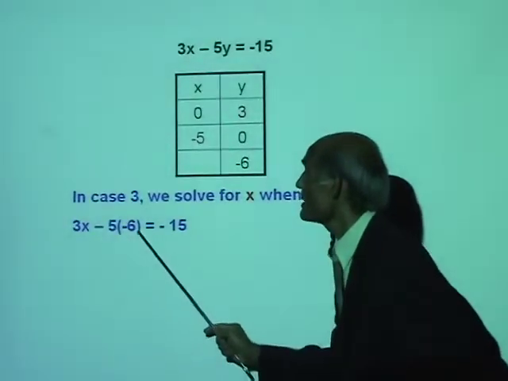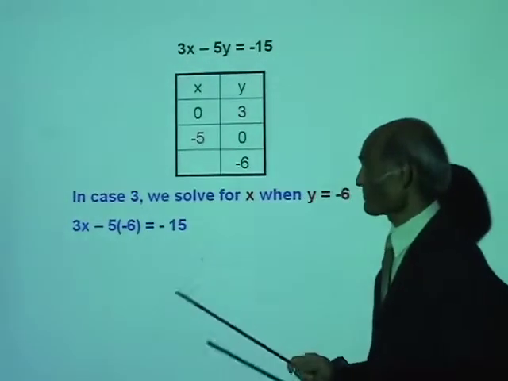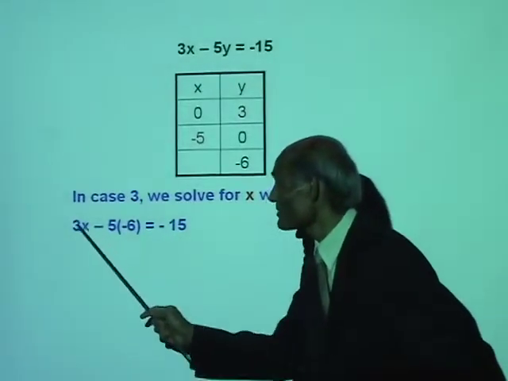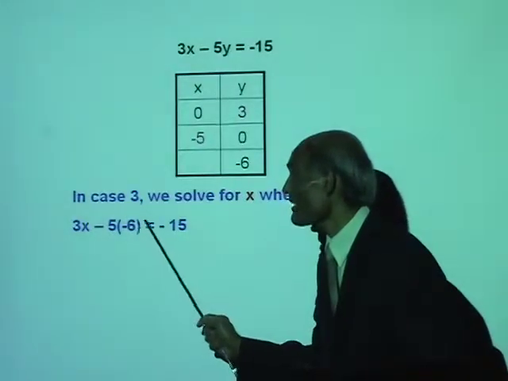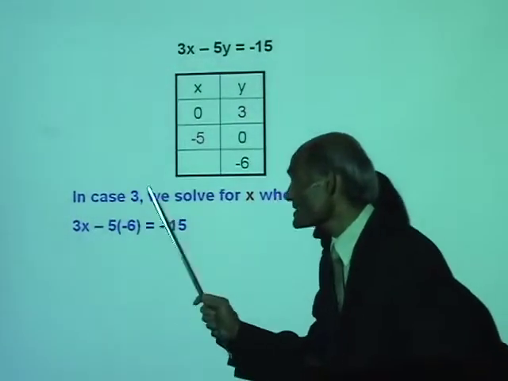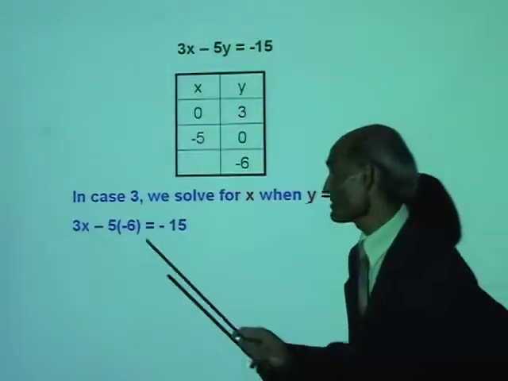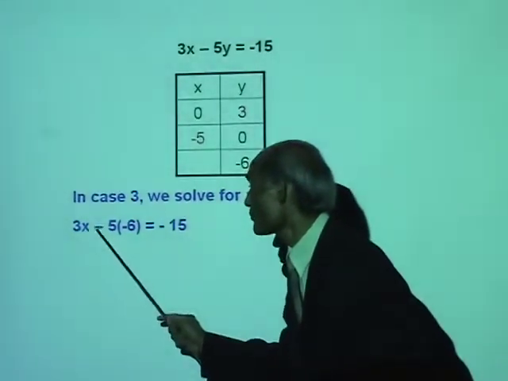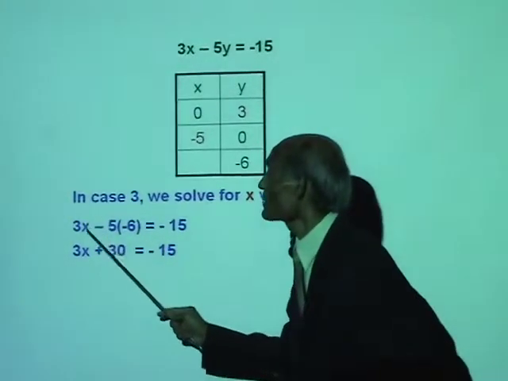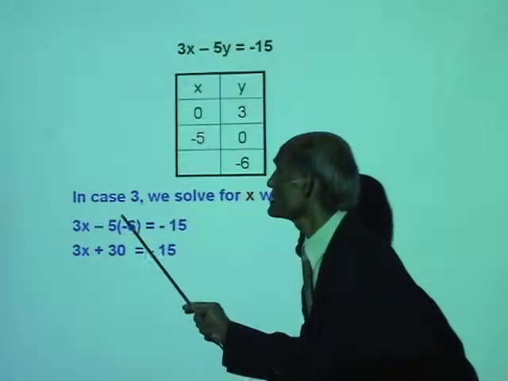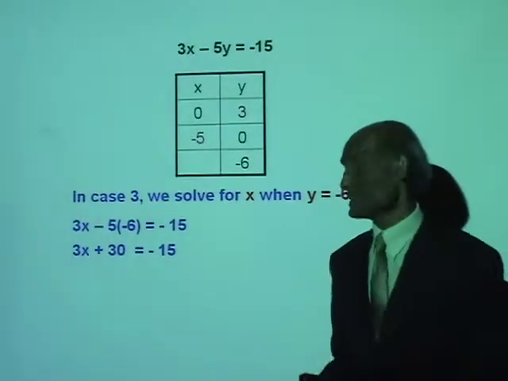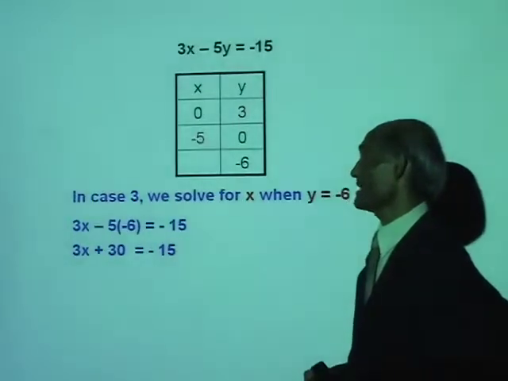In place of y, I put -6. In simplifying this, you get the double negative. Is that right? 3x minus 5 times -6. How does that simplify? It will become 3x plus 30. No problem there? 3x minus 5 times -6 is positive 30. 3x plus 30 equal to -15.